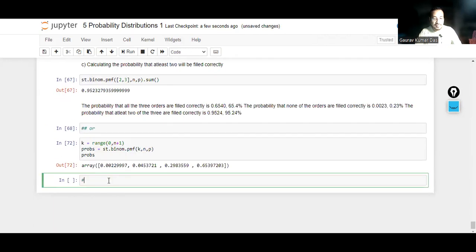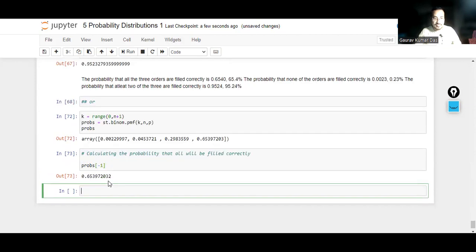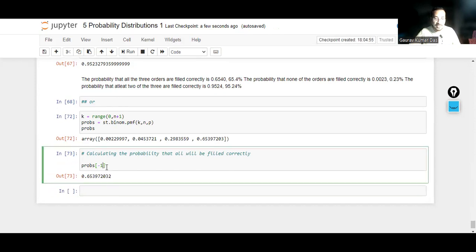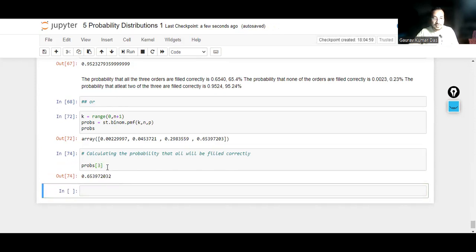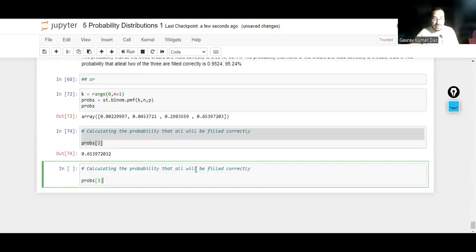All will be filled correctly. This will be probs of the last event, 0, 1, 2, 3. Just all be filled correctly, or I can make it 3 also. No problem. Next is none will be filled correctly.